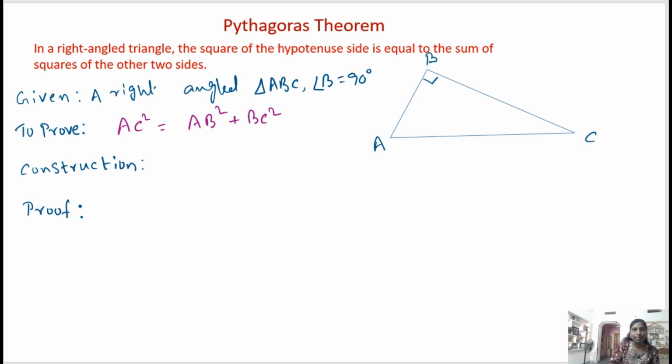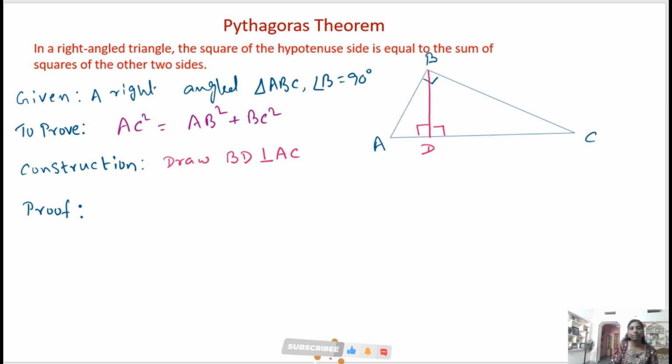Let us drop a perpendicular from B on AC, which is BD. Now this angle will be 90 degree. So what is the construction? Draw BD perpendicular to AC.